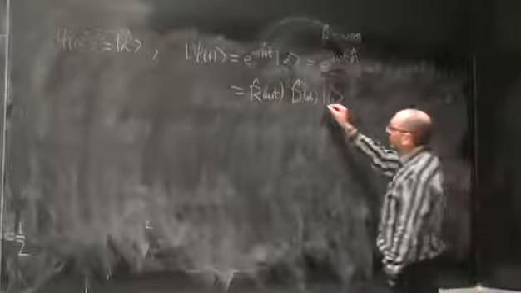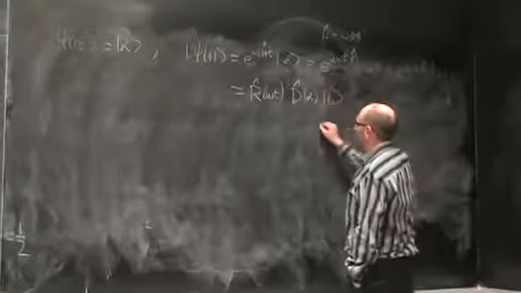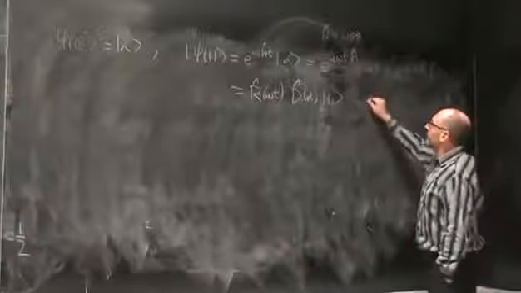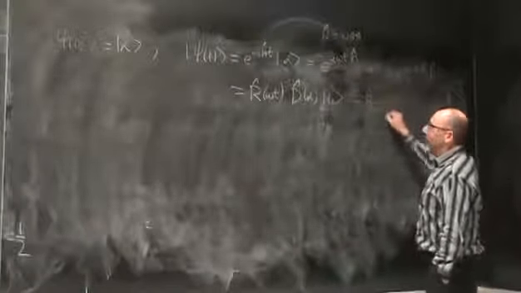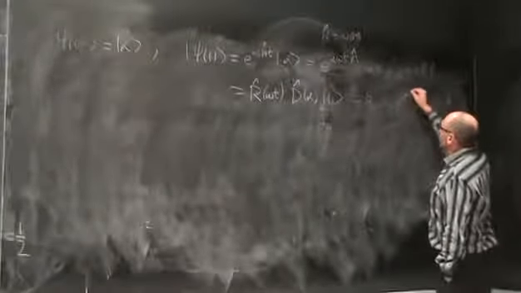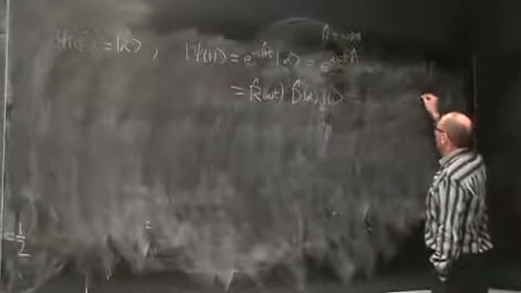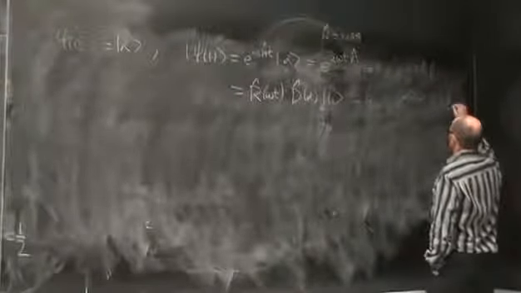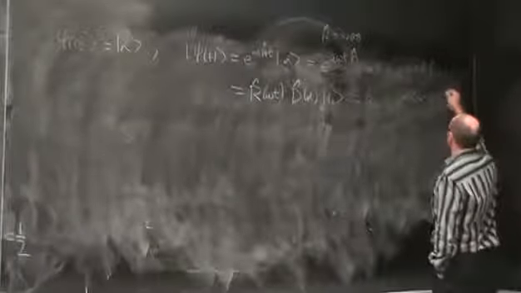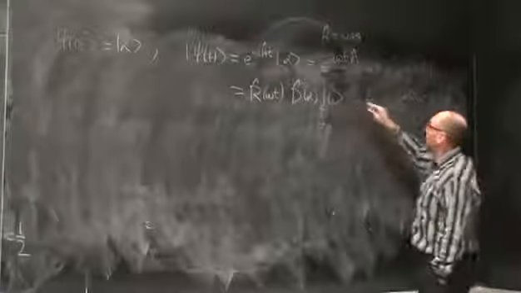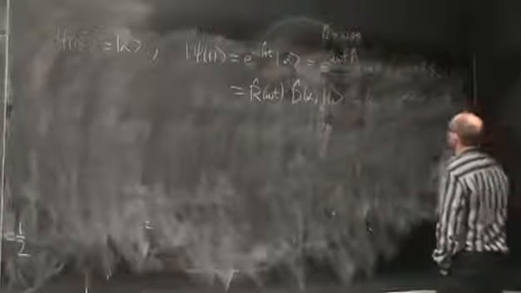Which is equal to, use this usual trick, sticking an R dagger R over here, is equal to the rotation operator by that angle, e to the alpha a dagger minus alpha star a, R dagger, and rotation on the vacuum leaves the vacuum alone. Okay.